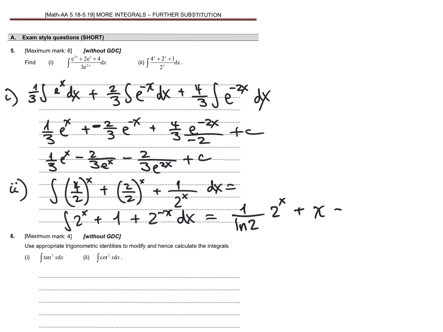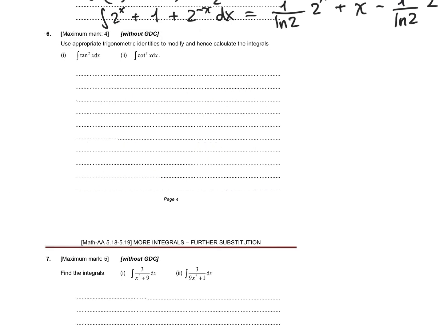So I'm just going to make a negative on the outside. And then that's going to be 1 over natural log 2, and then it's 2 to the negative x, and then plus c.